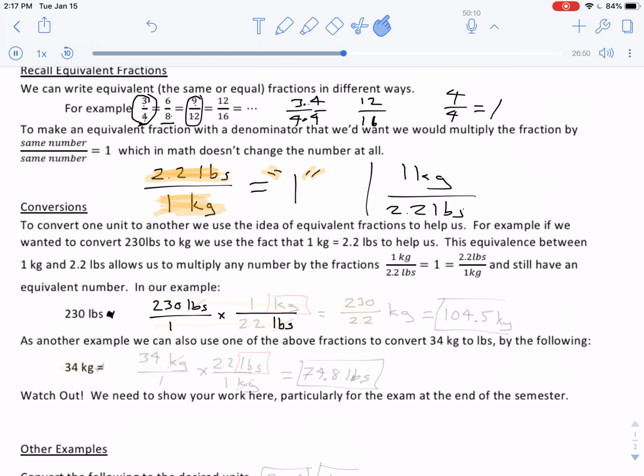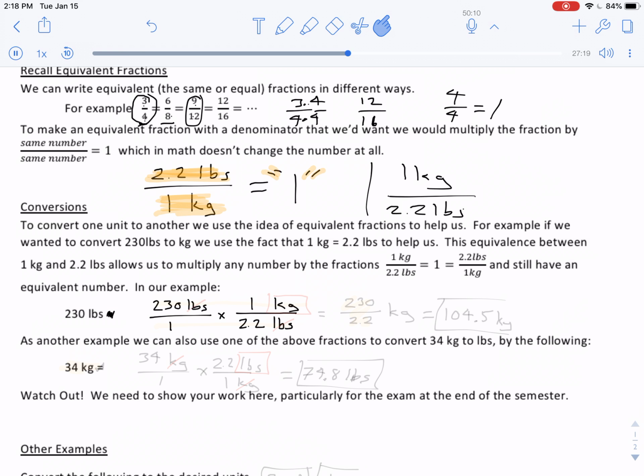Do I want to use the 2.2 pounds over 1 kilogram, or the 1 kilogram over 2.2 pounds? There's a choice there. If I want this to cancel, I want pounds to be in the bottom so I can cancel with the pounds in the top. We will talk about this over and over again to make sure. So this is the fraction I want: 2.2 pounds goes in the bottom and 1 kilogram goes in the top.